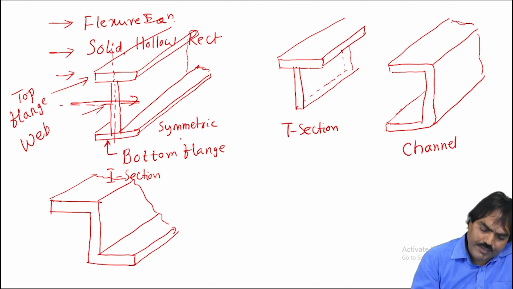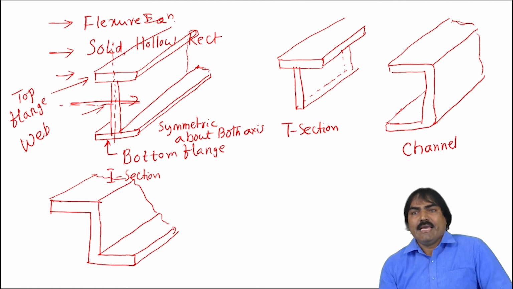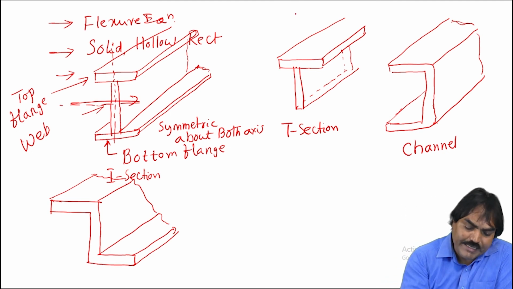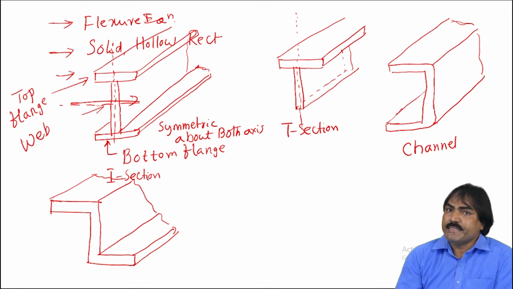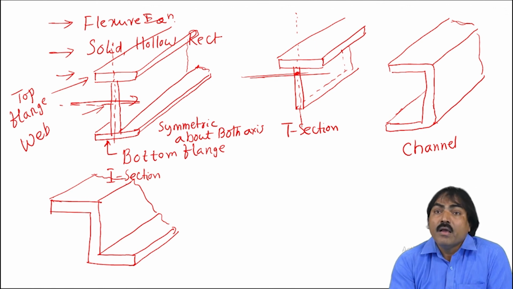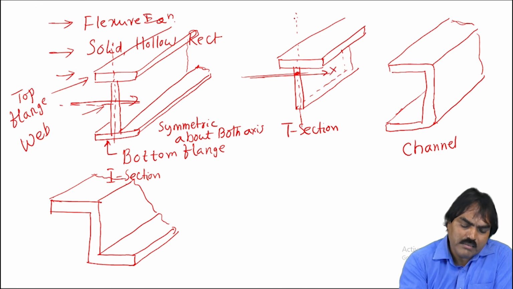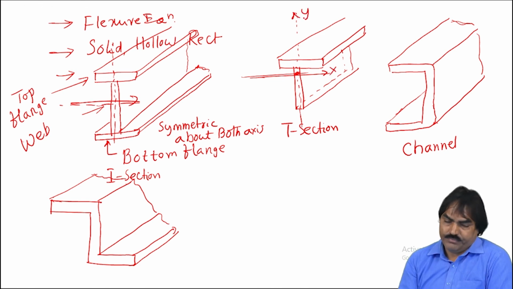Whereas the T section is symmetric about the vertical axis, but it is not symmetric about the horizontal axis. So somewhere the center of gravity will be here. So this is unsymmetrical about the x-axis, symmetric about the y-axis.